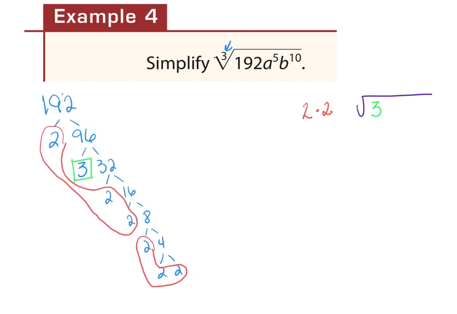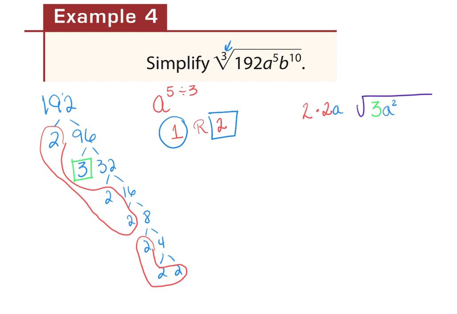If I look at the first variable, a to the 5th, I am going to divide that 5 by 3 because that was my index. 5 divided by 3 goes in 1 time with a remainder of 2. So that tells me that 1 a is going to come out, 2 a's are going to stay in. So I have a to the first power out here, a squared in here.